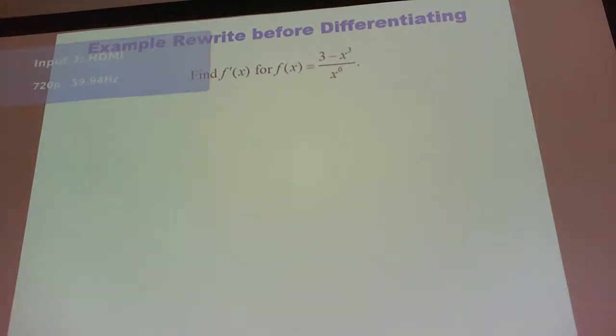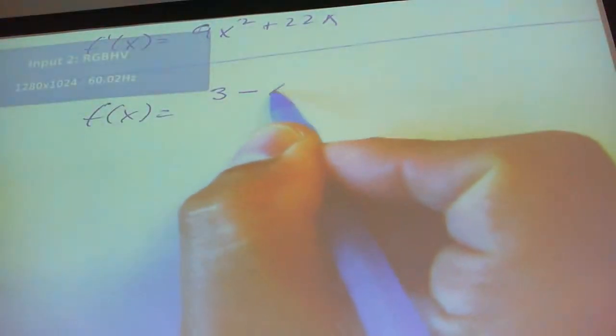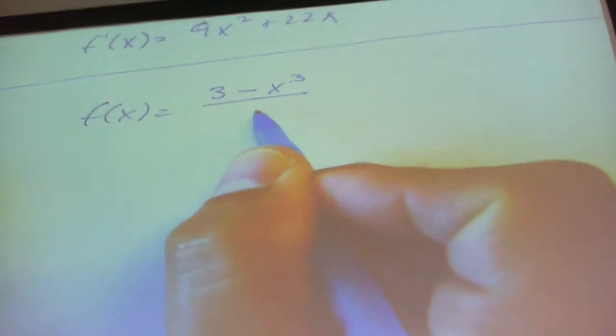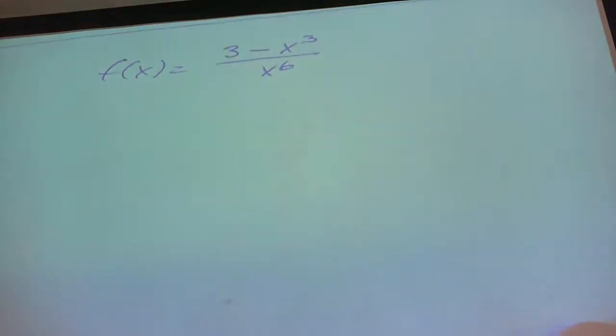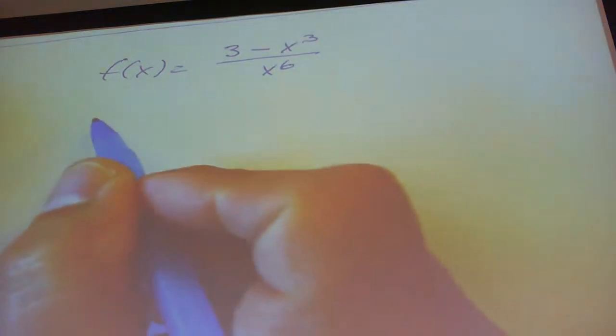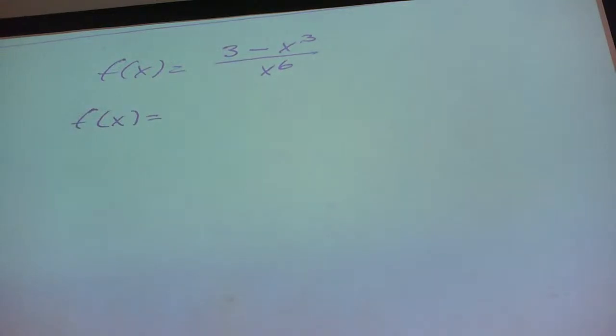Now, let's look at this one. I'm going to write it on the paper. If we had 3 minus x to the 3rd over x to the 6th, okay? Right now you're looking at it saying, whoa, we just jumped to a super hard one. And I'm going to say, if it looks awkward or weird, what should you do first? Rewrite. That's it. So, not the derivative, but I'm just rewriting the original. What's being divided by x to the 6th?